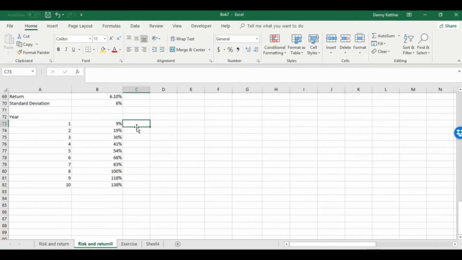So in year 1 you get the return of 9%. You reinvest the return, that gives you 19% total return in year 2, and so forth.